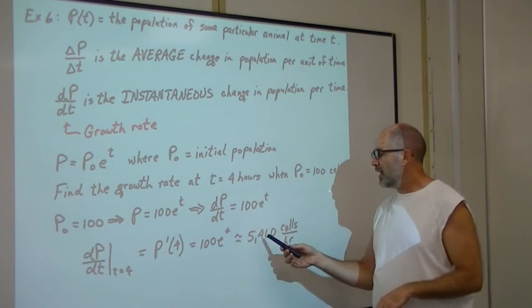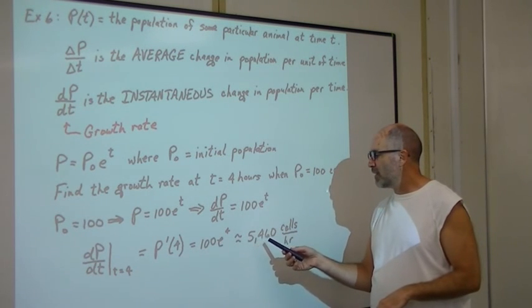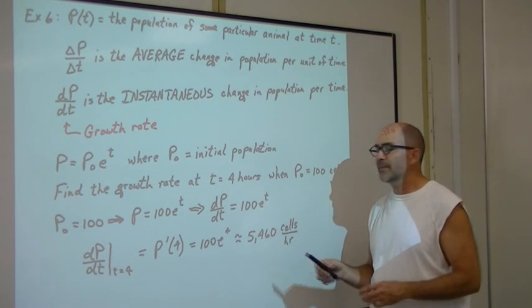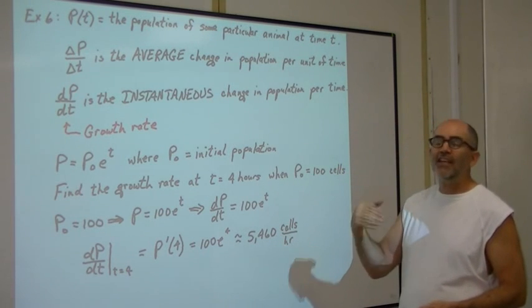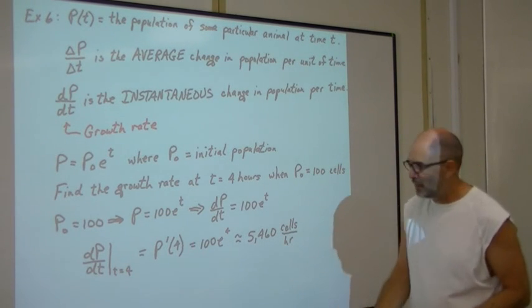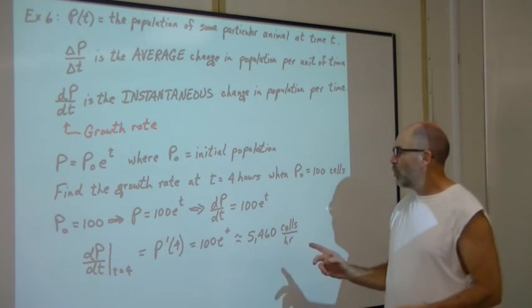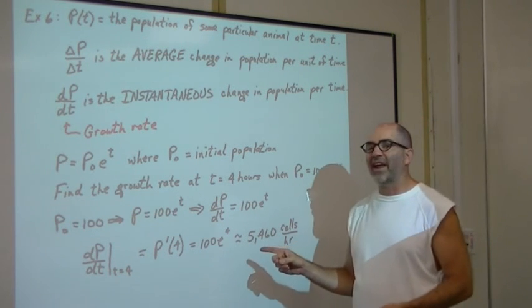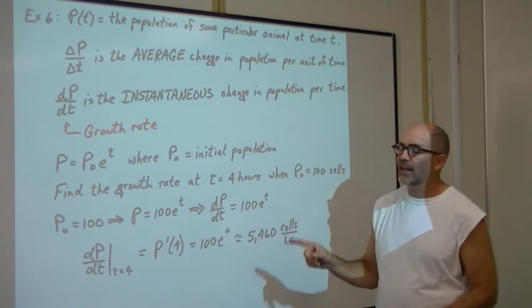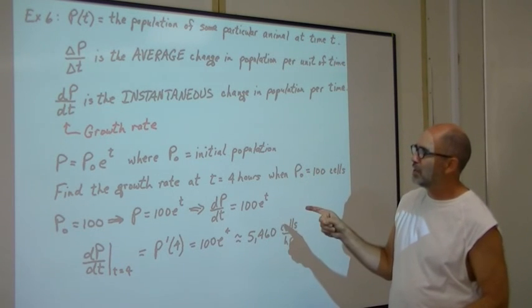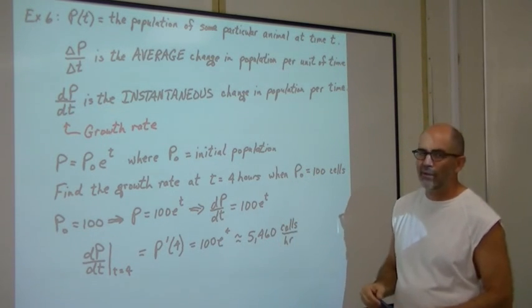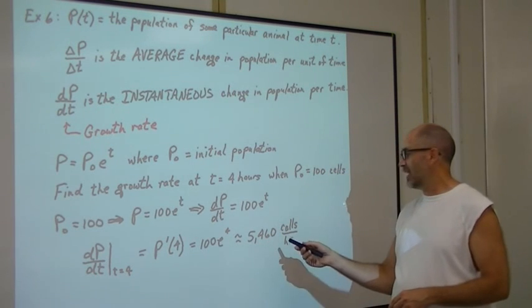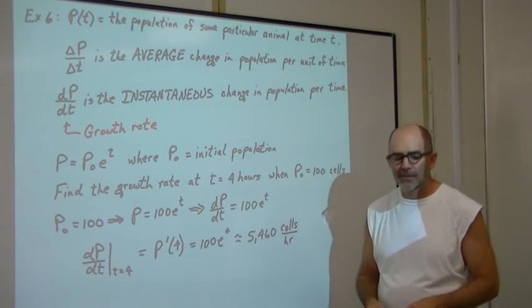After 4 hours, they're multiplying at 5,460 cells per hour and increasing rapidly. So you want to get to the drugstore quickly, get your drugs, kill this bacteria before it kills you, because it looks like it's going to kill you pretty fast.